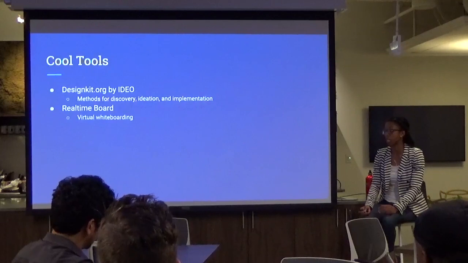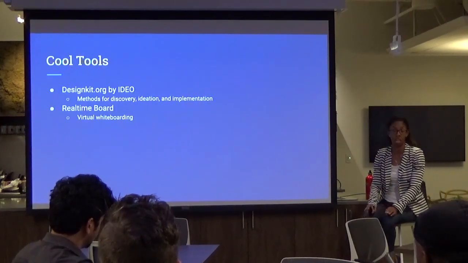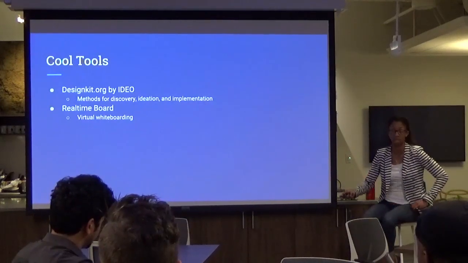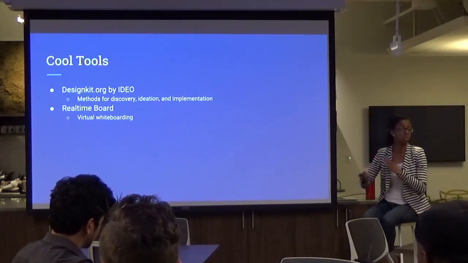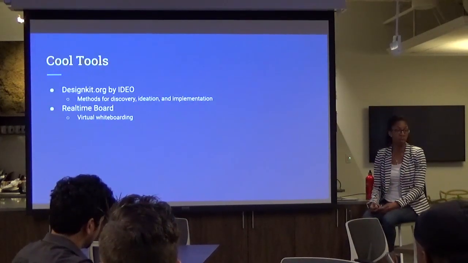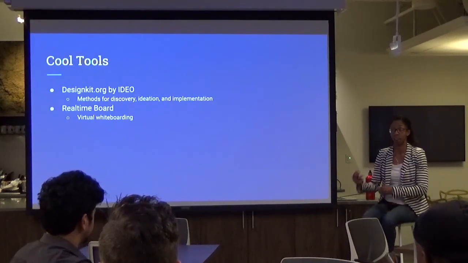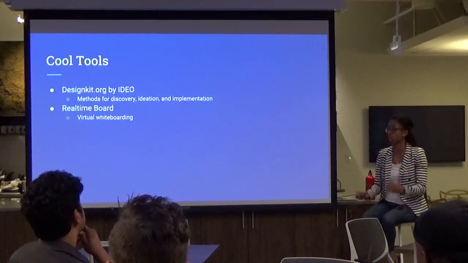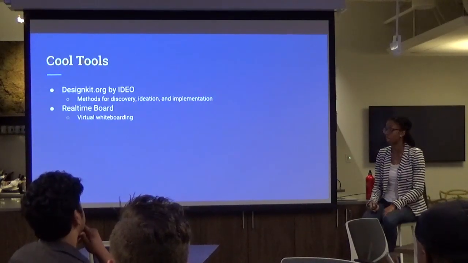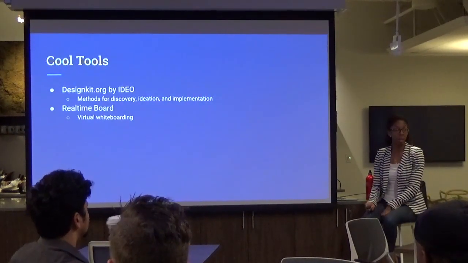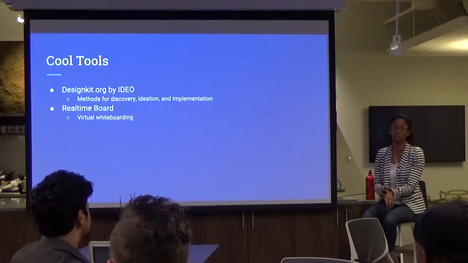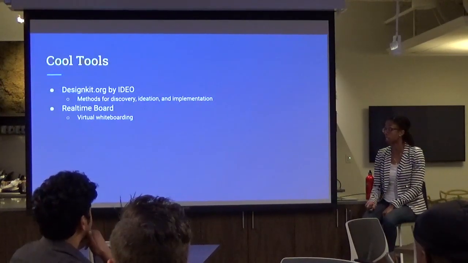So real-time board is a nice way to have an online or virtual whiteboard where everyone can get involved and no one has to be necessarily in the room. You can still do all the same things that you would do on a whiteboard, but it's actually nice because everyone can contribute to the whiteboard at the same time, so it's not just one person writing and everyone else watching. So that's a really nice way of getting the entire team involved in some of these whiteboarding sessions where everyone can't be there in person.